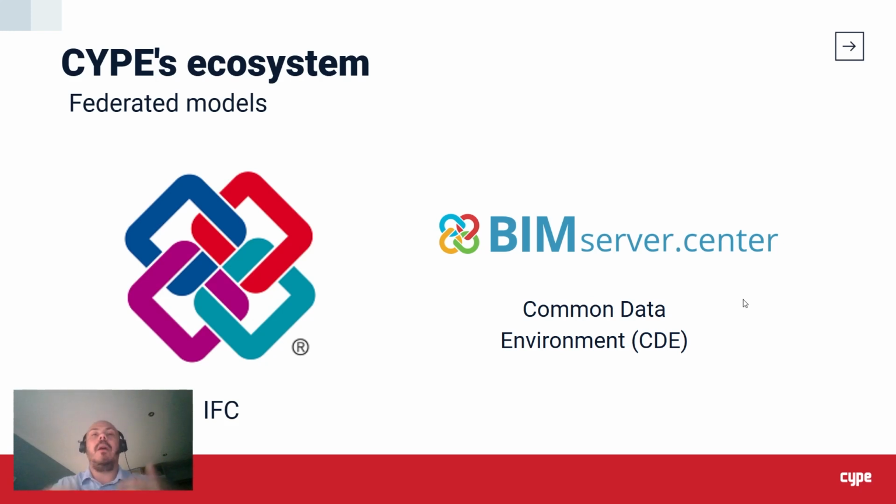Okay, if you are already working in BIM or even in Open BIM, you probably already heard about this acronym, the CDE. Okay, so it's the place where all the models, all the IFCs will be saved and our federated model will be created. Okay, we'll see some examples in a while.